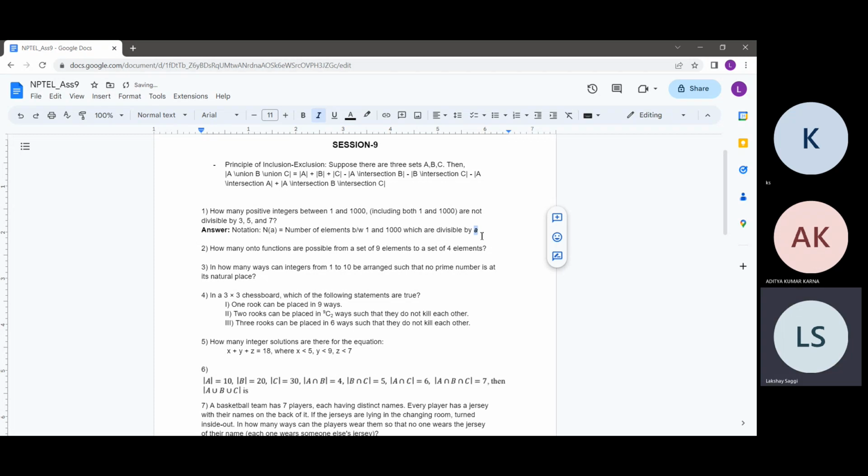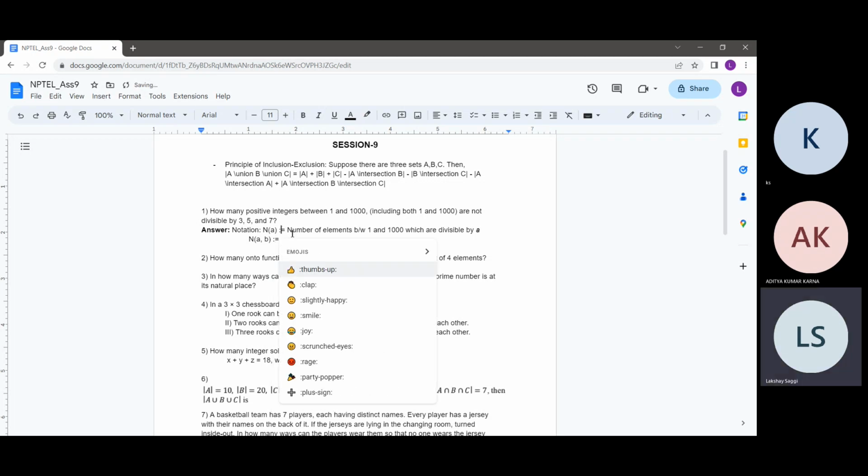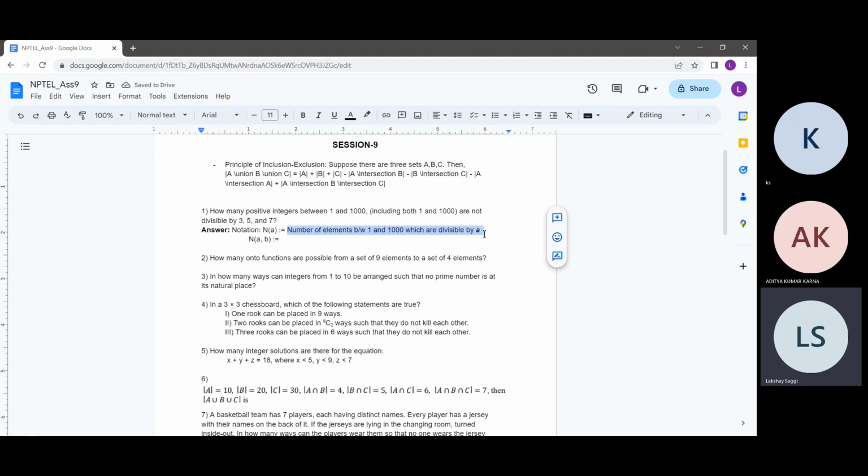And similarly, if I write n of a comma b, then by this I mean the number of elements between 1 and 1000 which are divisible by both a and b.